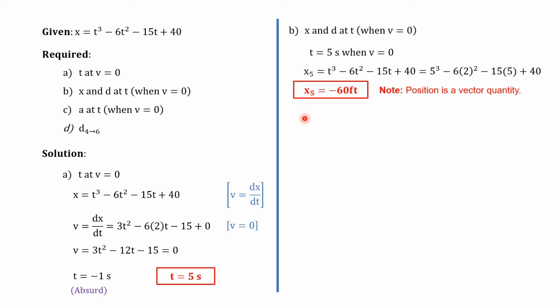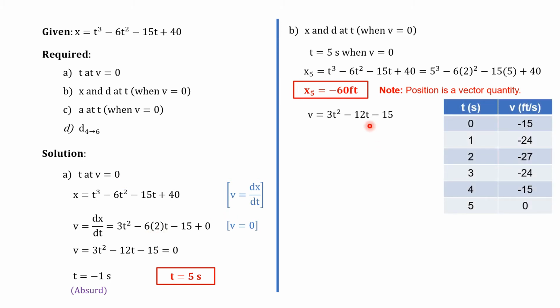Okay, so now let's go back to our sample problem 1. Regarding sa pag-solve nato sa distance sa second requirement. In order to investigate those instances na mag-stop ang particle, we have to use the equation na nakuha nato for velocity, which nakuha nato sa ato ang solution for requirement A. Okay, so making use of this equation, we just have to substitute the value of time na 0 second, 1 second, 2, 3, 4, 5 seconds.